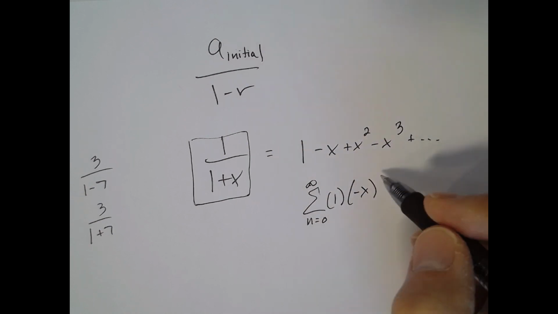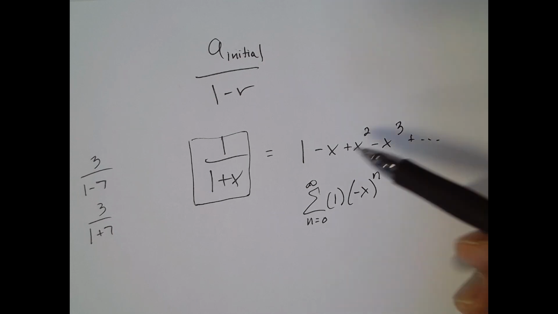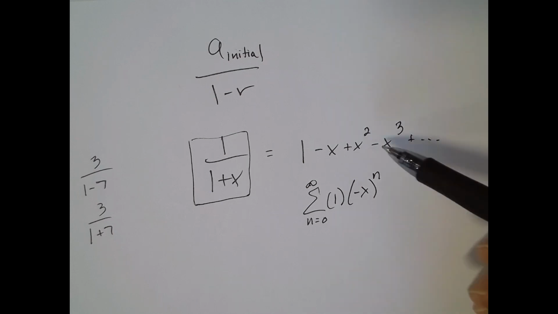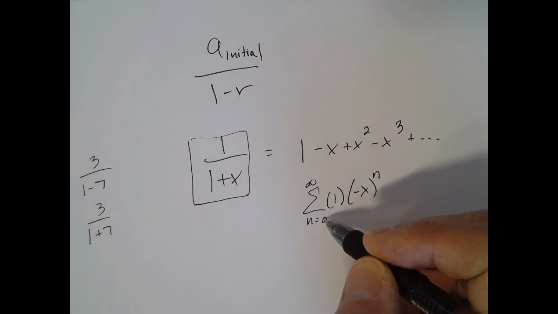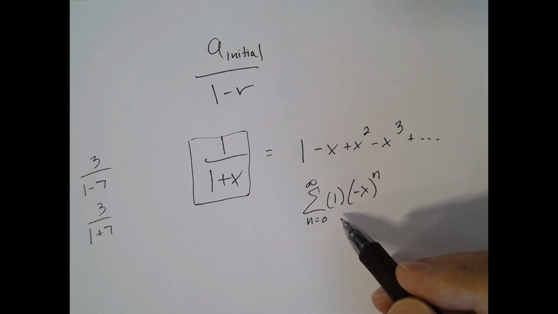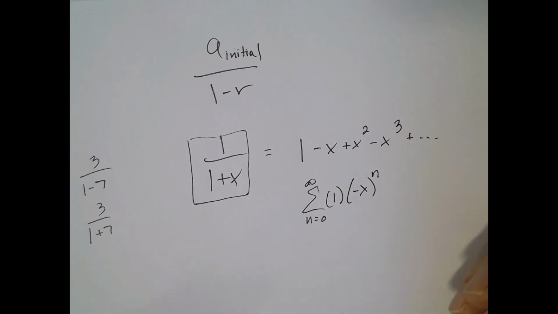If I put n here, does that work? Does that generate those terms? It does, because if you put 0 in, that's going to give you 1. Notice, if I had 1 here, it wouldn't work unless you put n minus 1. Then it would work. So there's different ways of writing the same thing.